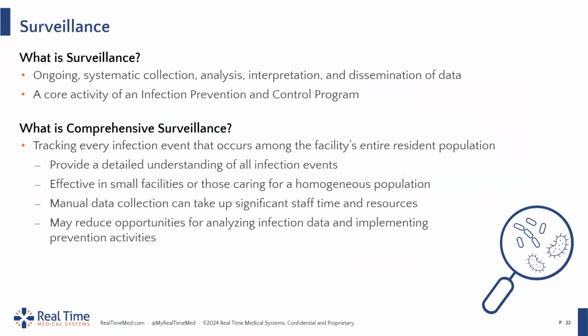Then there has to be that analysis, that interpretation, and the dissemination of data. Because it's great if we have a wonderful surveillance system in place and we know how to use our technology to do that. But if we don't do anything with it, if we don't share that information, we're going to get ourselves into a whole heap of trouble here.